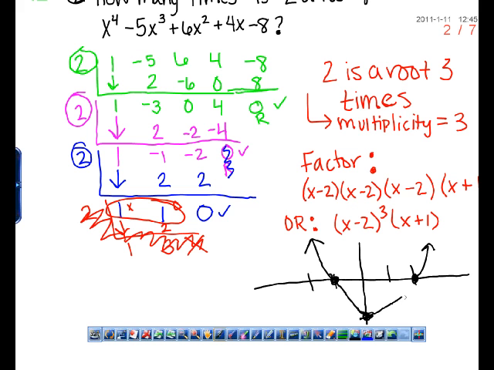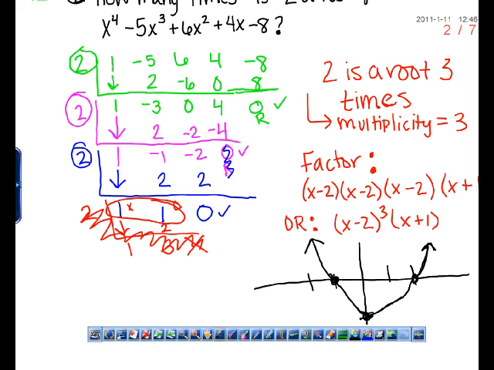So what happens is that at 2, it's going to take on the likeness of the parent function x cubed, and it's going to do a little curve. Okay? Do you see how it kind of looks like a little curve through that point? Like the parent function y equals x cubed, because it has a multiplicity of 3.